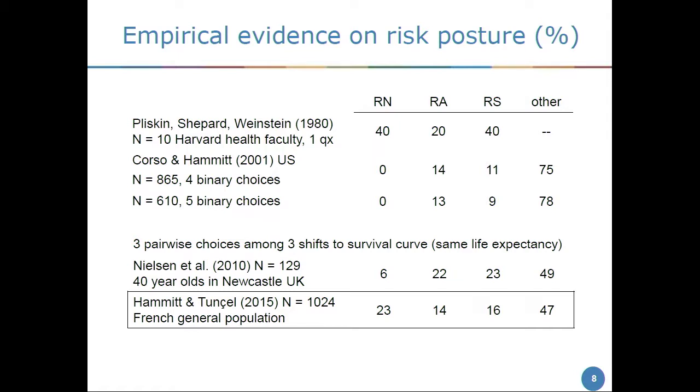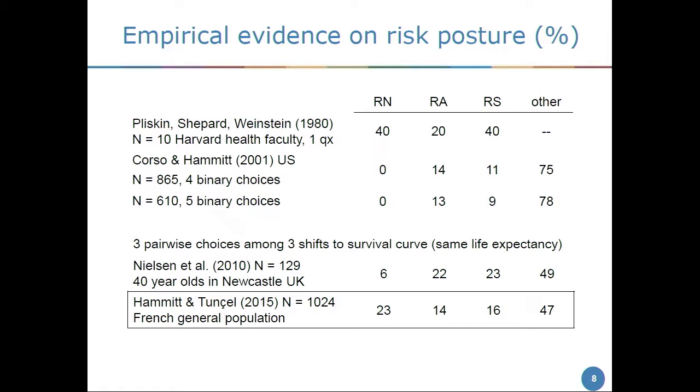Since then, there have been several other studies with larger and more representative samples, generally asking multiple questions from which you can see whether people are consistently risk averse, consistently risk neutral, or whatever. And what you see there is between half and 3/4 are not consistently anything in these questions.